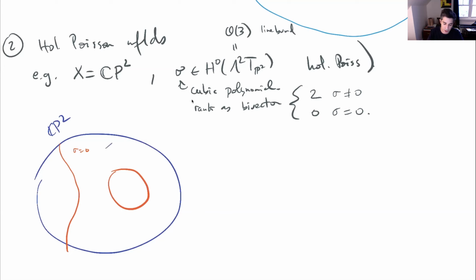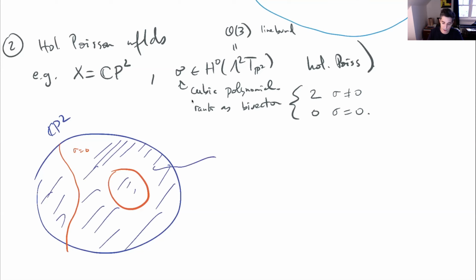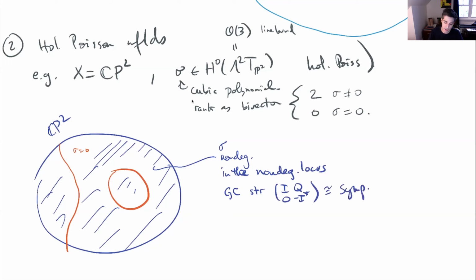and everywhere else it's non-degenerate. So here sigma is non-degenerate. And so what this means is that in this whole region, in an open dense set, in the non-degeneracy locus, the GC structure is equivalent to a symplectic structure in this blue region.